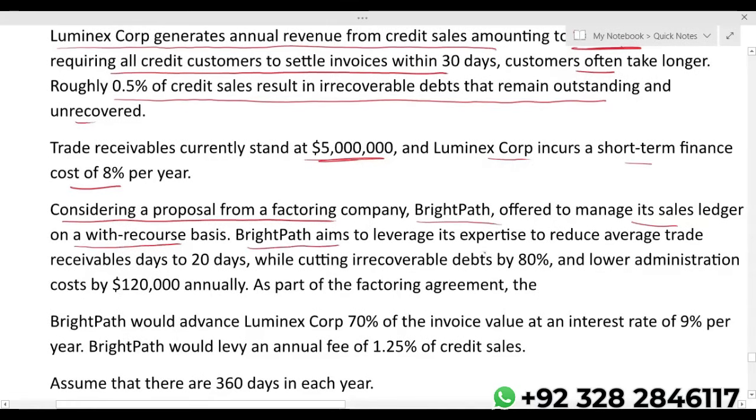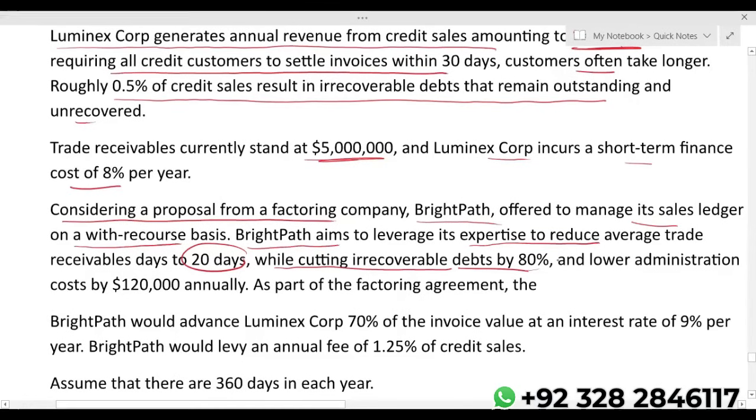Brightpath aims to leverage its expertise to reduce average trade receivable days to 20 days. Your new collection period will be 20 days. While cutting irrecoverable debts by 80%, it means whatever bad debt was there, 80% of that will be saved.